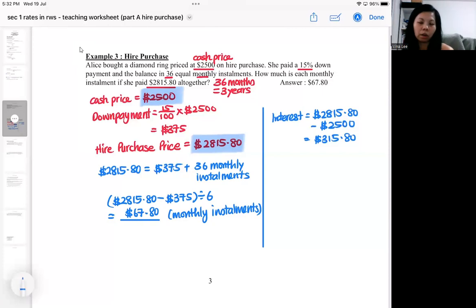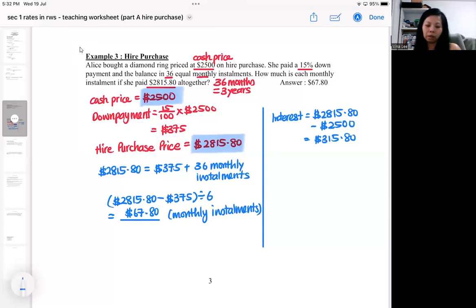So let's sidetrack a little bit. Just now we mentioned that the interest is 315.8. But in this question, the yearly interest rate is not stated. If they ask you for the interest rate, that means how many percent in a year.